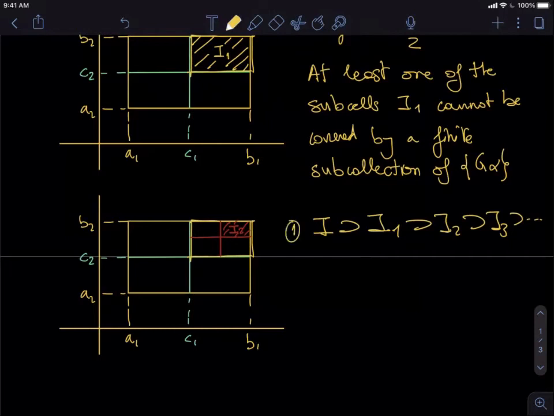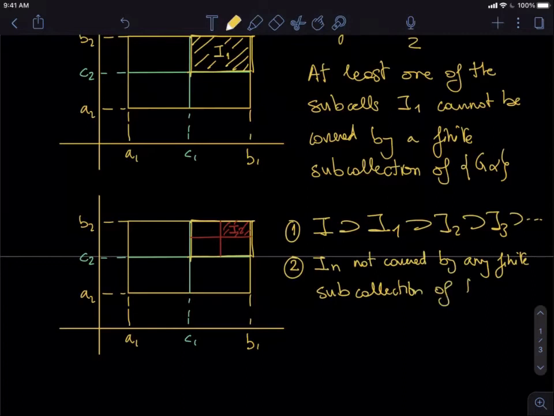And they have 3 properties. The first one is that it's a nested sequence. The second one is that none of these can be covered by any finite subcollection of G alpha.